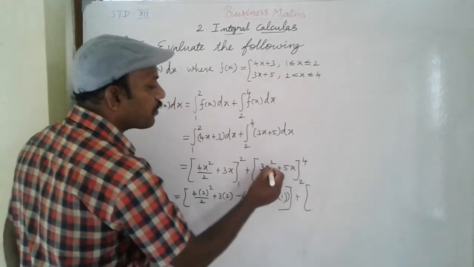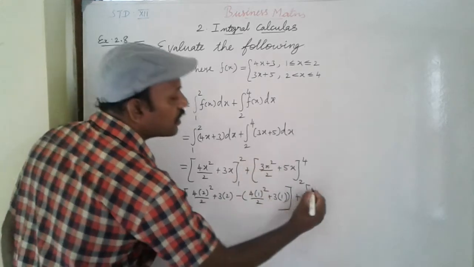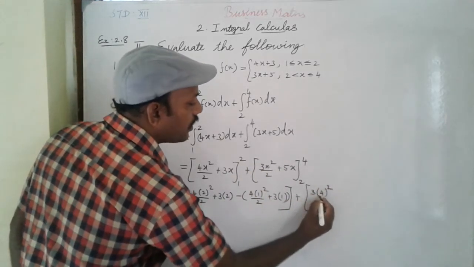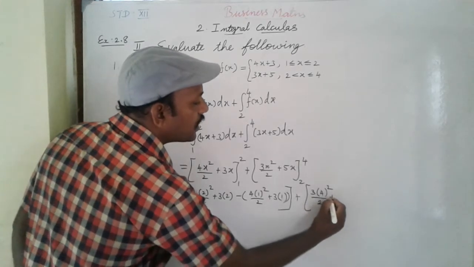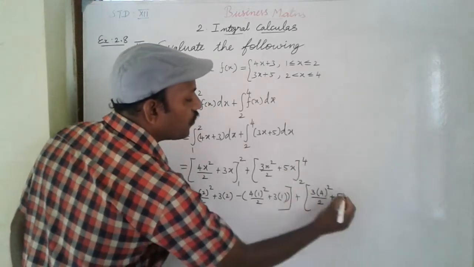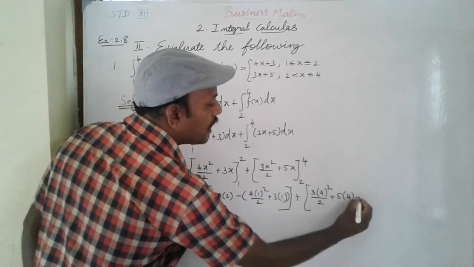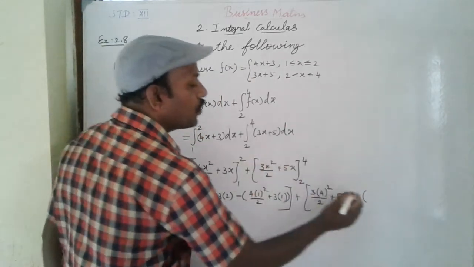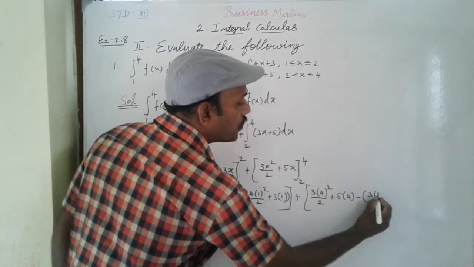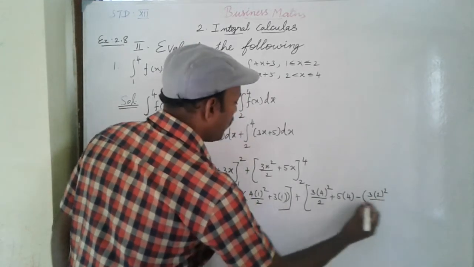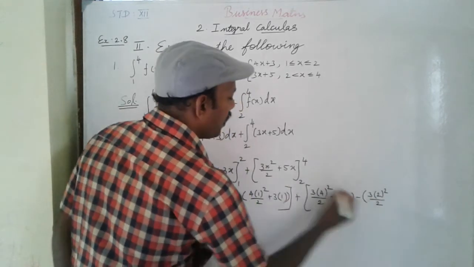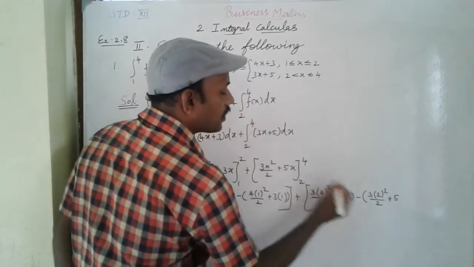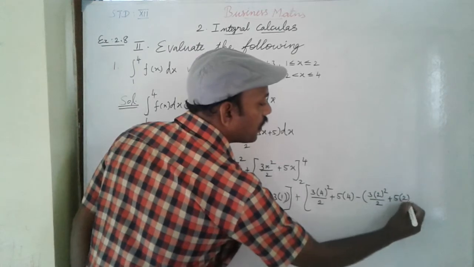Next we should substitute the limit here. 4 is the first limit: 3 into 4 square divided by 2 plus 5 into 4, minus, next the second limit is 2. Substitute here 3 into 2 square divided by 2 plus 5 into 2.